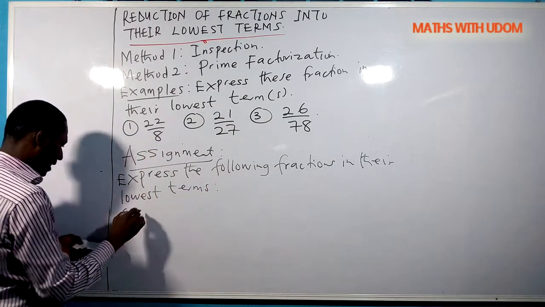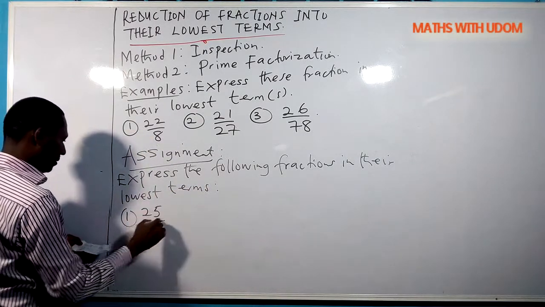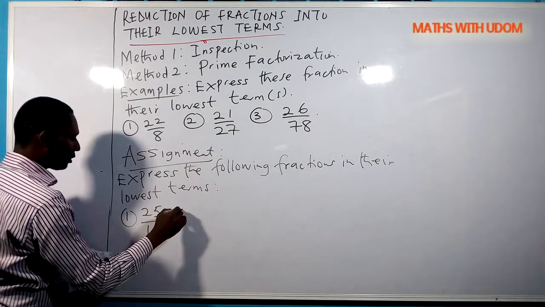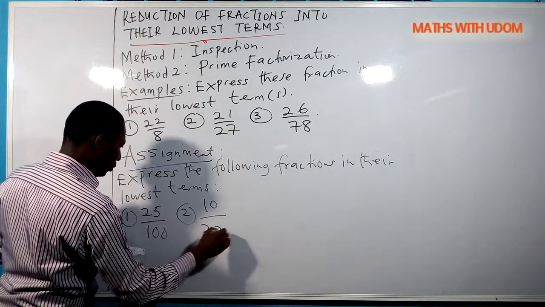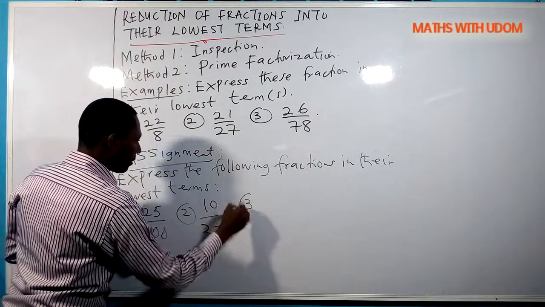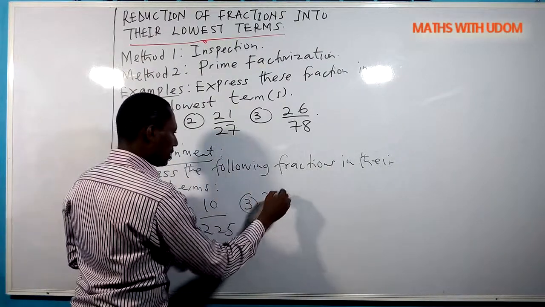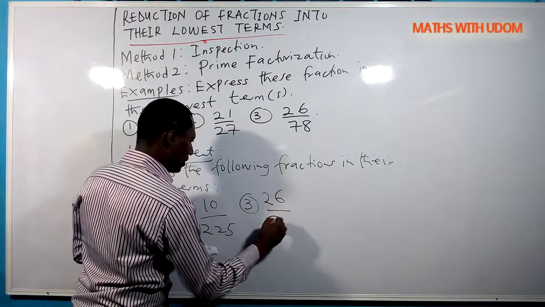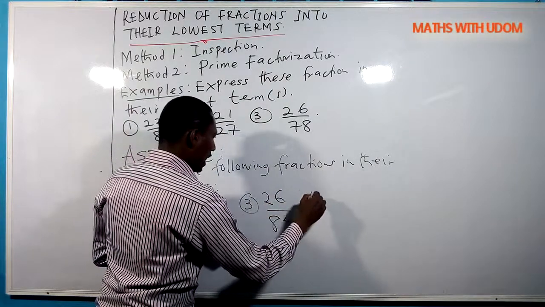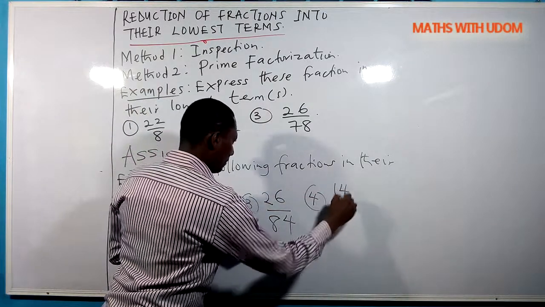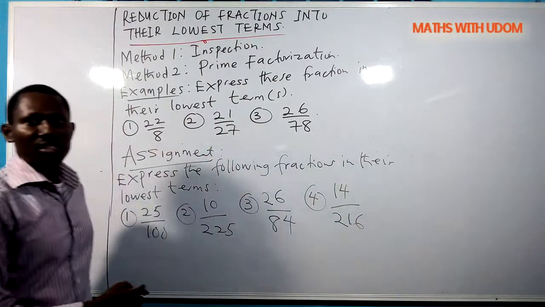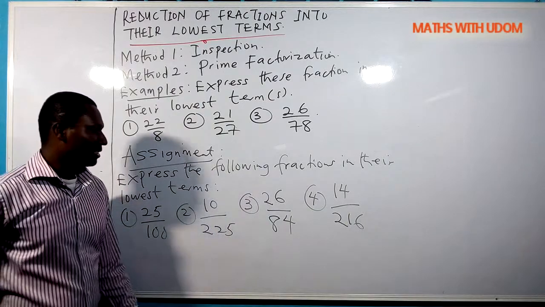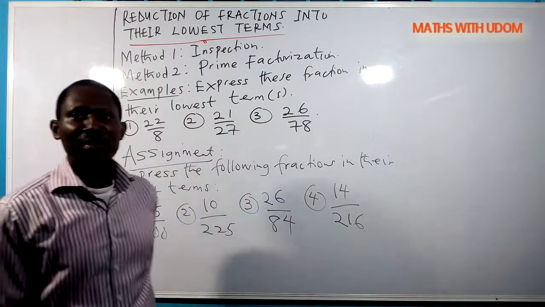Number 1, 25 divided by 100. Number 2, 10 divided by 225. Number 3, 26 divided by 84. And lastly, number 4, 14 divided by 216. So this is your assignment.